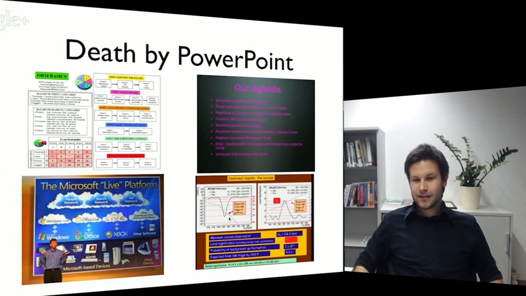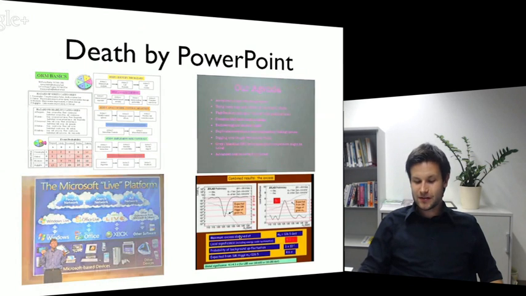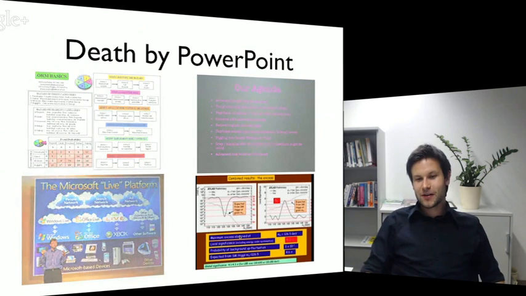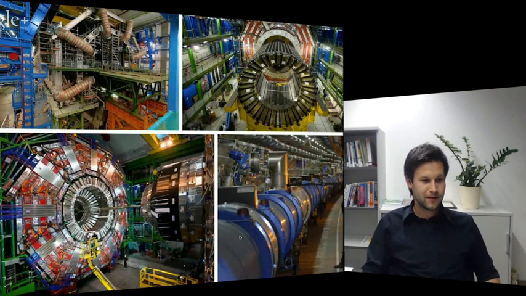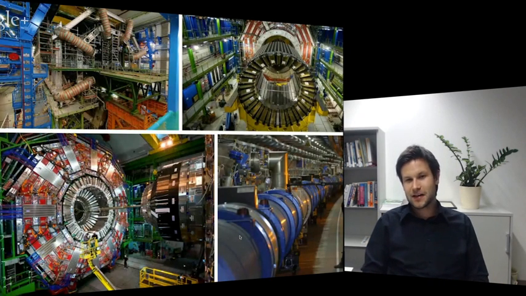I want to focus on this last example, which is interesting because it was a slide that had a tremendous impact. This slide was used at the press conference where they presented the discovery of the Higgs boson.